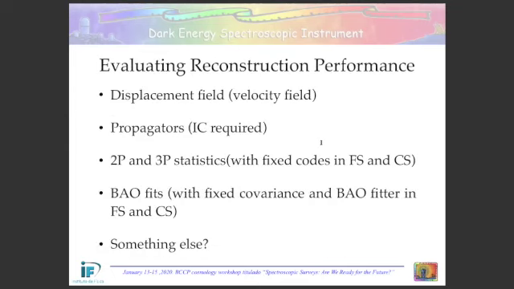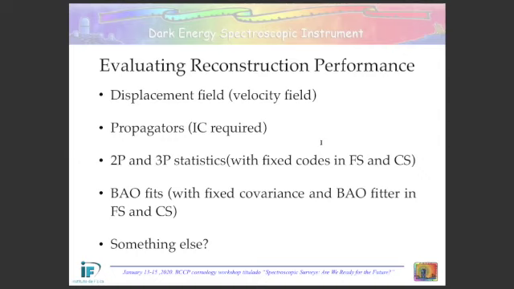What we want to test for reconstruction, so there are different metrics. You have seen many of them already in the previous sessions: the displacement field correlations, the propagators, like the correlation with the initial conditions, the 2-point and 3-point statistics. And then also we want to test the BAO fit performance once we fix the covariance and the BAO filter in the analysis.